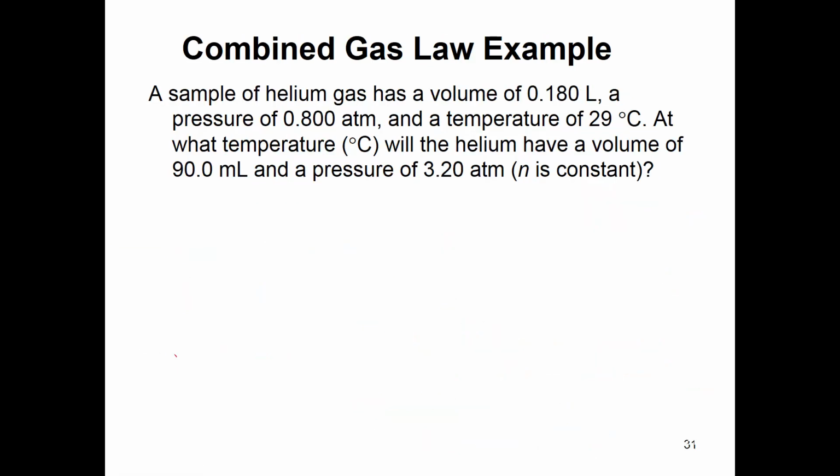Okay, so the last one is where we're going to use the actual combined gas law to do a combined gas law problem. In this one, we're going to have everything; we're only going to be missing one thing.